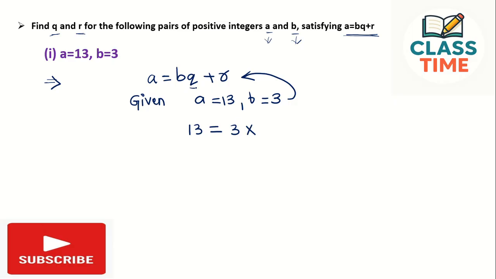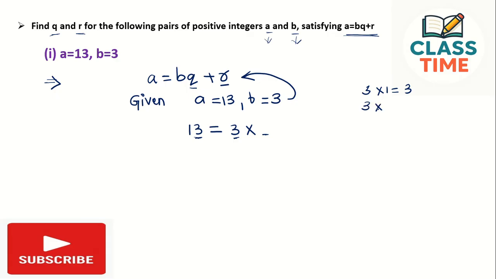Now we need to find q and r for given a and b. So, with what number will you multiply 3 to get 13? Take the 3 table. 3 ones are 3.